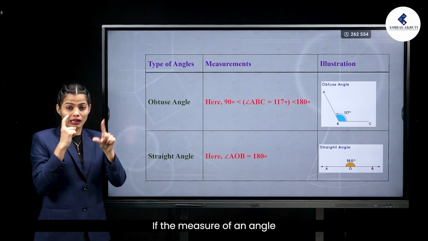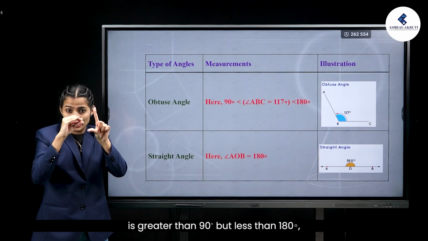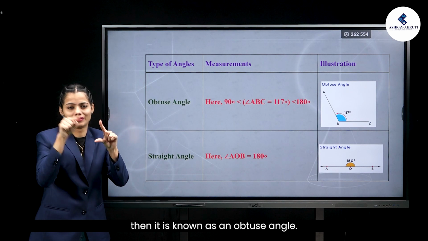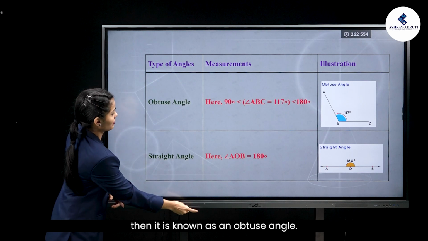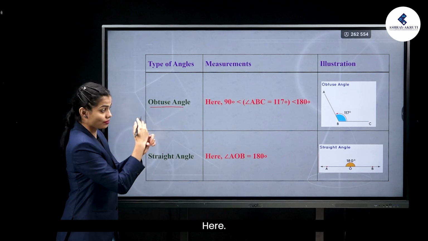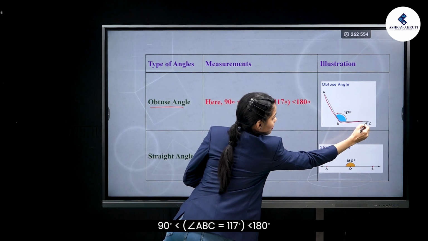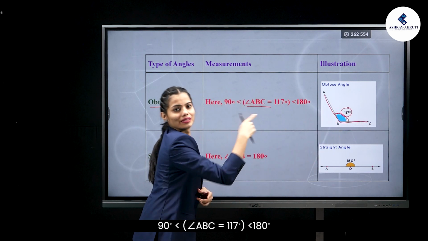If the measure of an angle is greater than 90 degree but less than 180 degree, then it is known as an obtuse angle. Here 90 degree is less than angle ABC, which is equal to 117 degree, less than 180 degree.